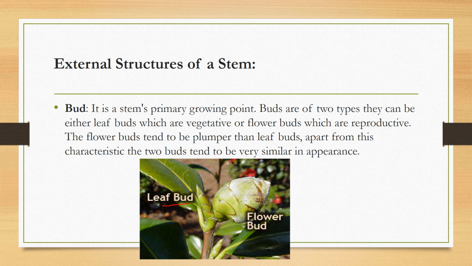Or it can be flower buds, as in the picture, which are reproductive. The flower buds tend to be plumper, as in this picture, it's plumper than the leaf bud, but apart from this characteristic, the two buds tend to be very similar in appearance. So the bud is a stem's primary growing point.